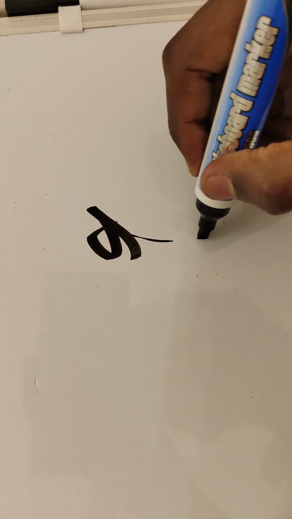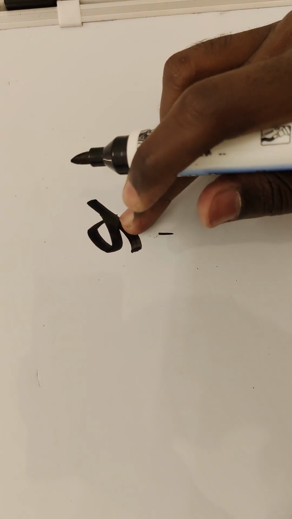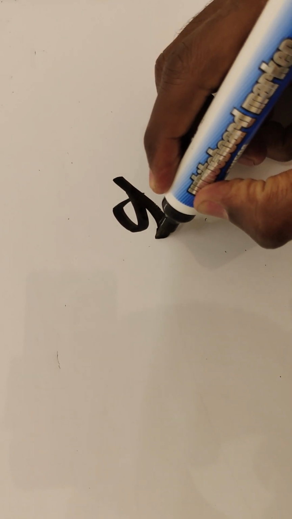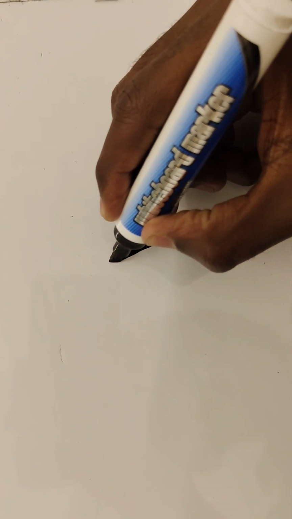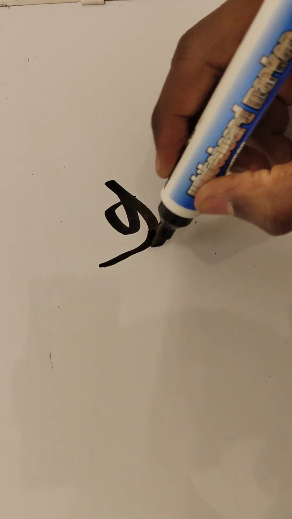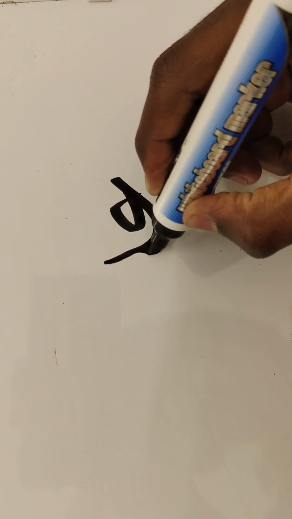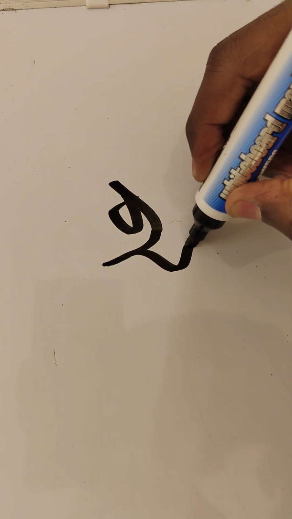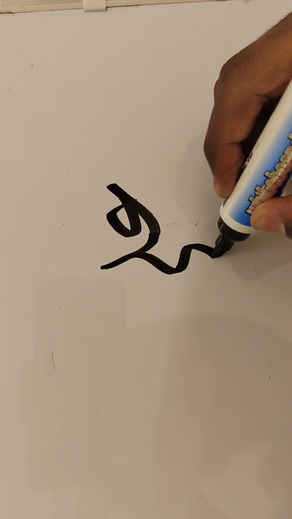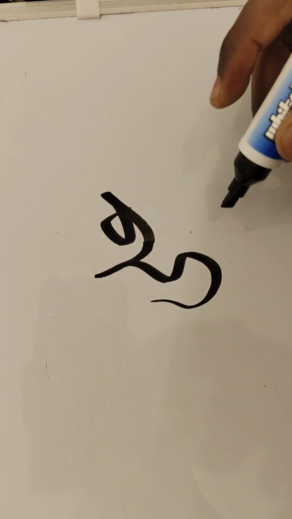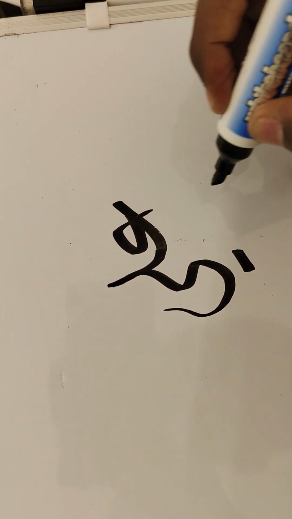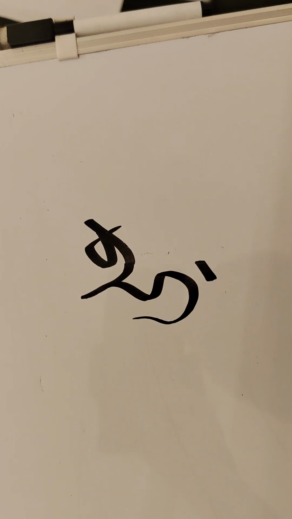Because it's being joined with a letter that goes up, it will not come down. So it will have to come up because we are joining there, lam. Then this is how we write the name Ali with Ain at the beginning.